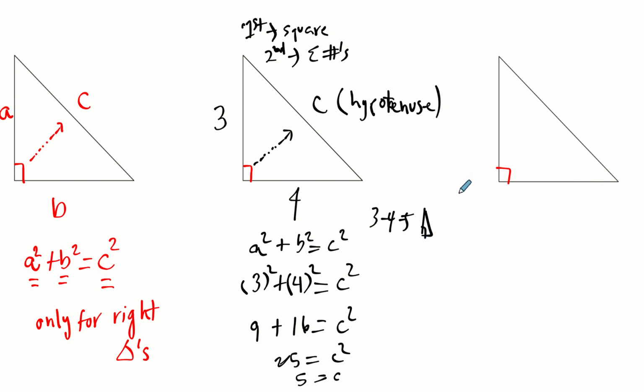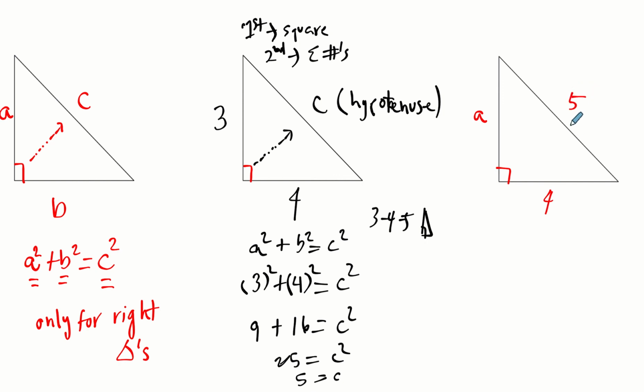Okay? This next example, we won't always have to solve for the hypotenuse. Sometimes we'll have to solve for a given leg. So let's say we're missing this side here, but we know that this is 4 and the hypotenuse is 5.